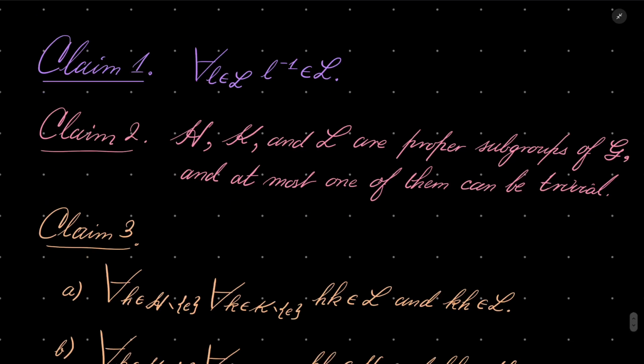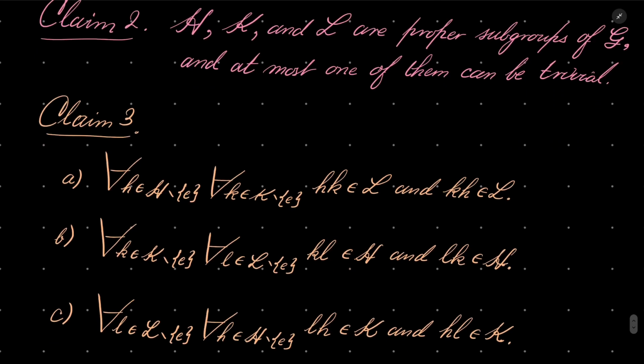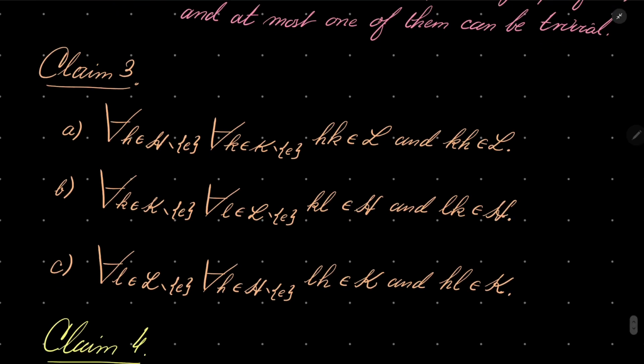And third claim, we have the following thing. If I take two elements, h from H and k from K, their product happens to be in L. So hk and kh are both in L. It's true for every element apart from trivial elements. My third claim has three parts.